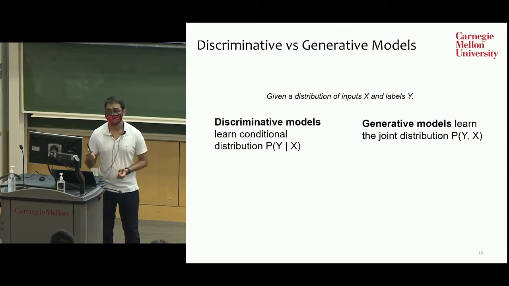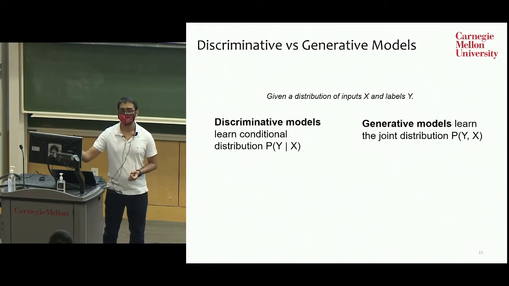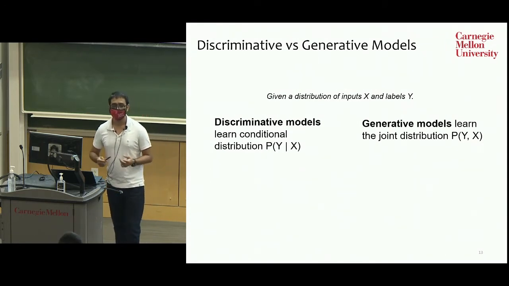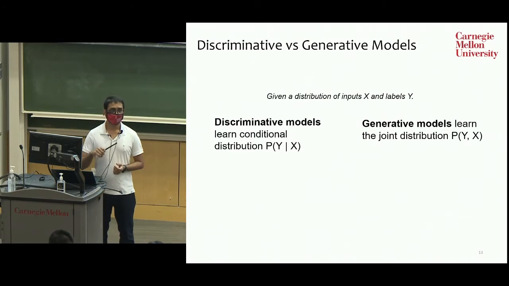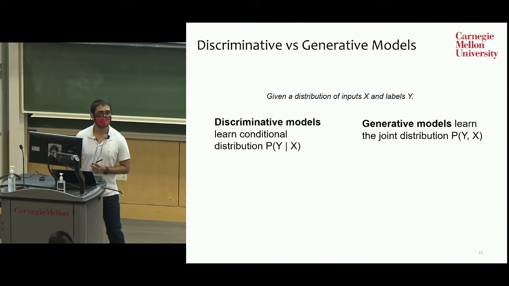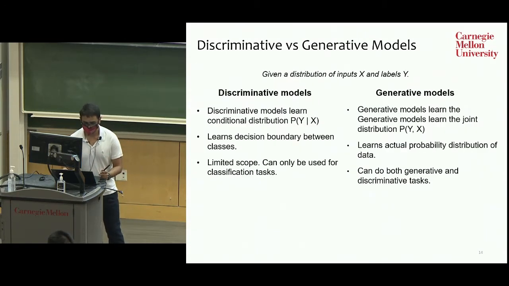So you can say, generate a class y for me, and your model will produce an image. That's what a generative model does. Do you guys have any questions about conditional distribution or joint distribution? Nope. Cool.